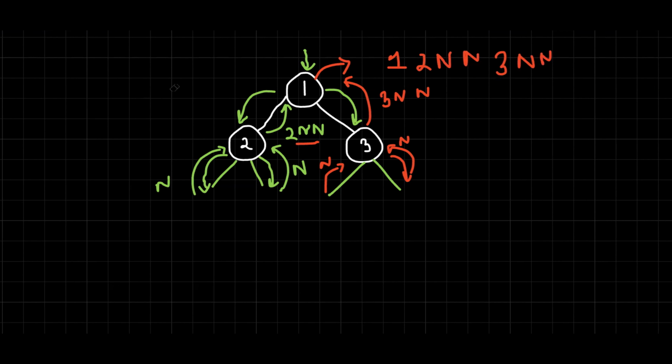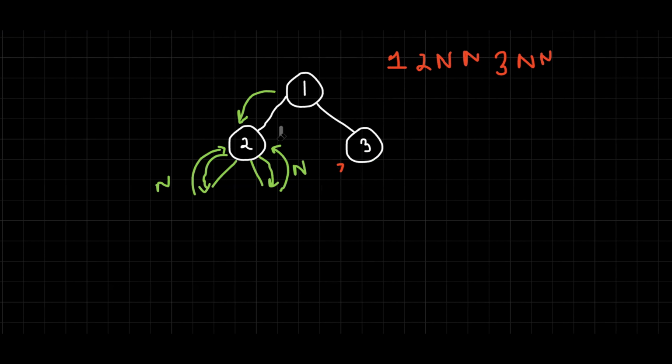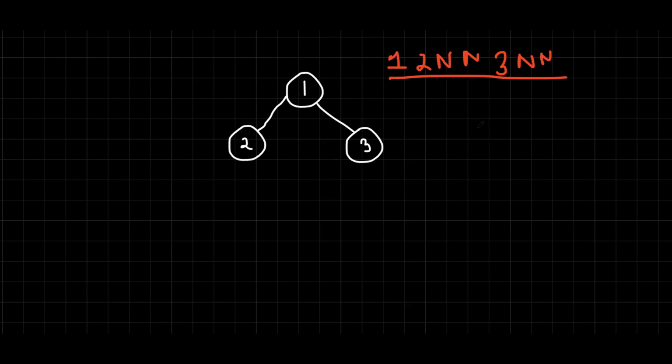Now, let's erase all of this. So far, we have seen that our serialization process returns the value 1, 2, n, n, 3, n, n. So this is the serialization technique. Now we have to perform the deserialization technique.